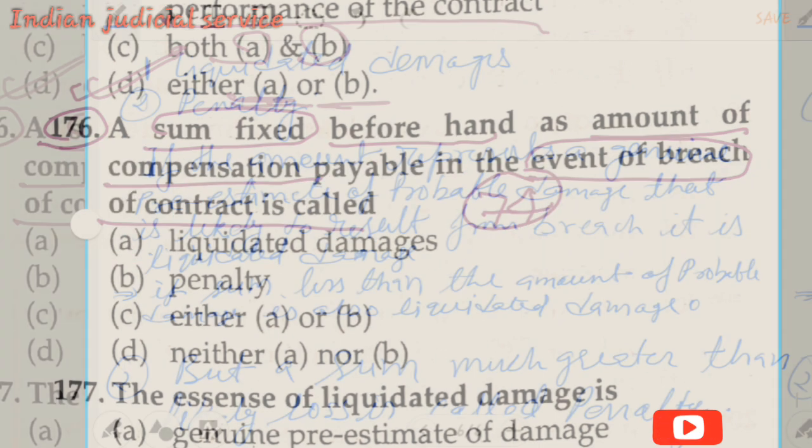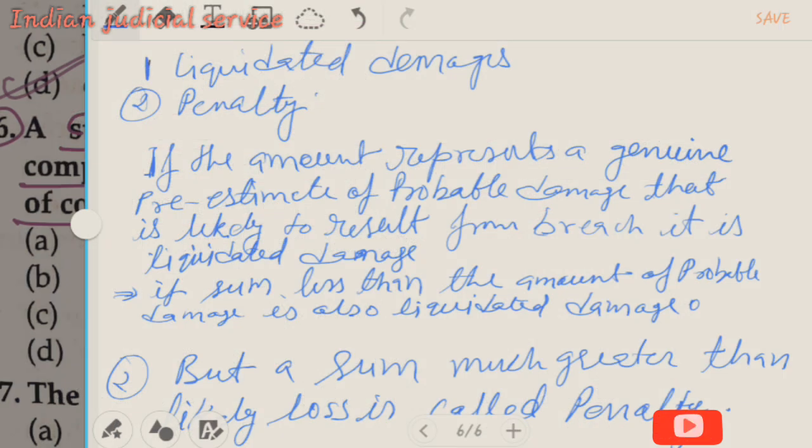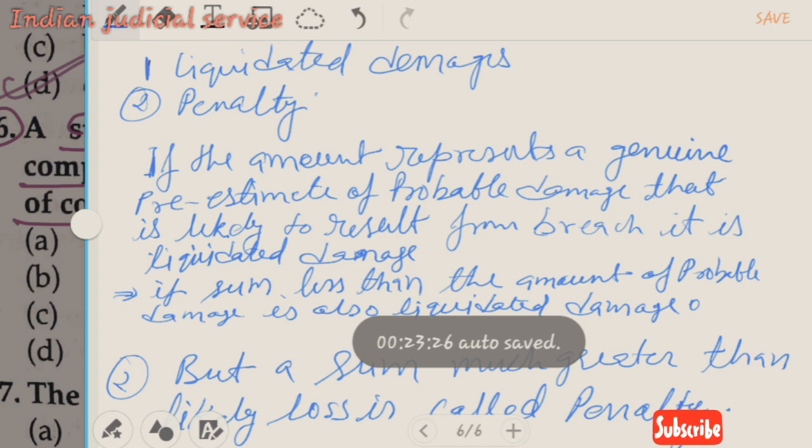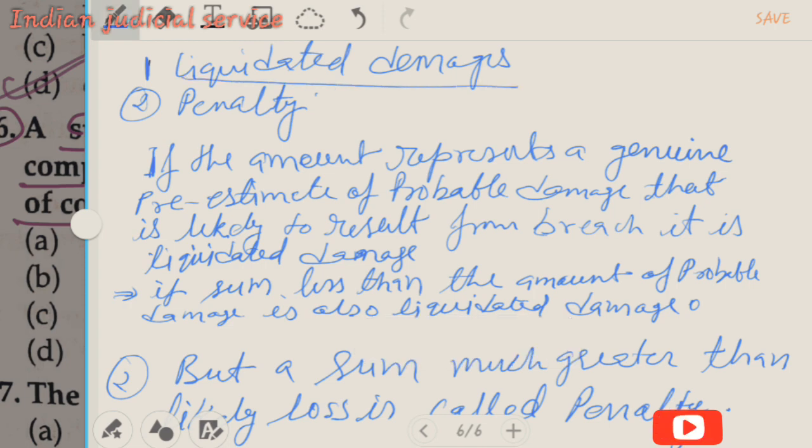Section 74 deals with liquidated damage and penalty, where the parties to the contract may determine beforehand the amount of compensation payable in the event of breach, so that sum is fixed into two categories. The first one is liquidated damage and the second one is penalty. Now we discuss these things, liquidated damage and penalty.